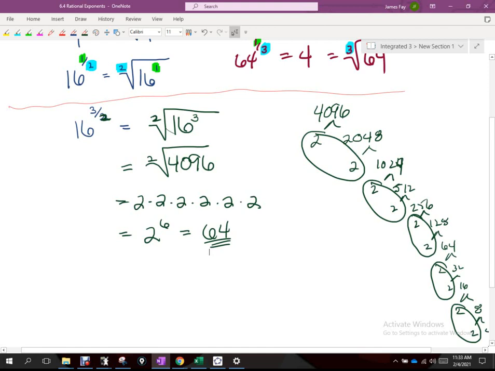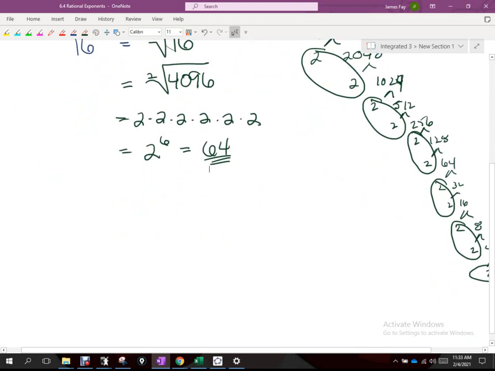So what I'm trying to demonstrate here is, if I take n and raise it to the a over b, so some number raised to the a divided by b, what that turns into is the root that we're going to take is whatever that denominator was. We saw that the denominator was 2, so we're taking the square root.